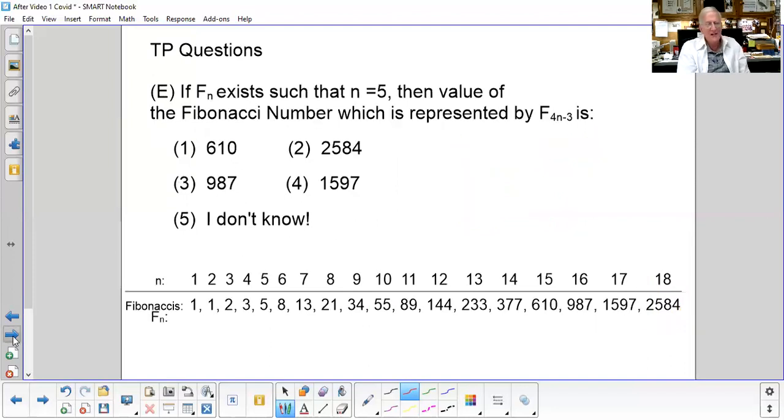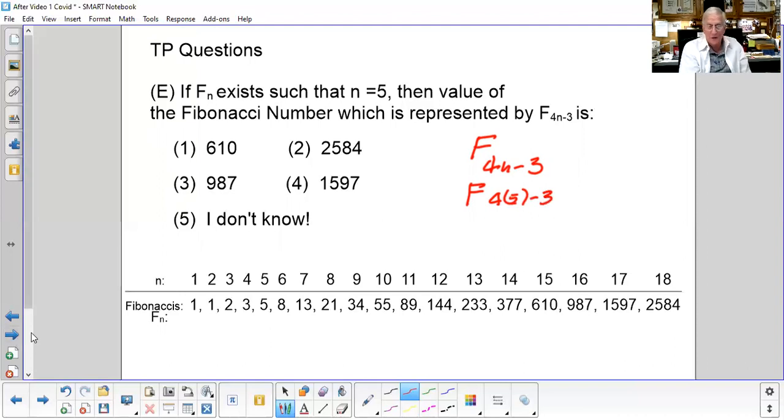If f sub n exists such that n is 5, then what is the value of the Fibonacci number represented by f sub 4n minus 3? Well, all I've got to do is put the 5 in for n in the subscript there. So I'll go f sub 4 times what? n, which is 5, and I will subtract 3.